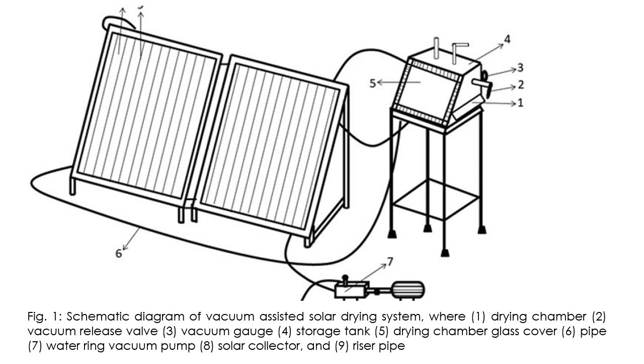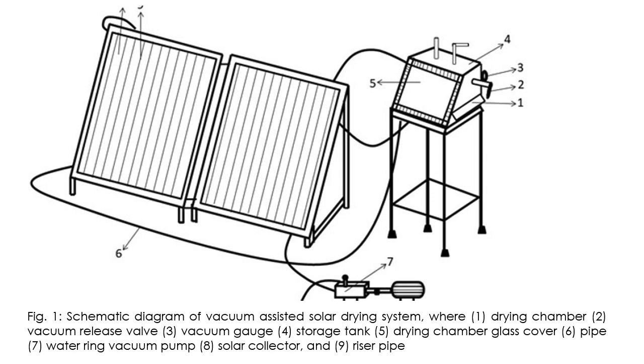The drying system works on the thermosiphonic effect. The cold inlet water is heated up at the collector plates and moves into the hot water storage tank due to density difference. That is natural circulation.